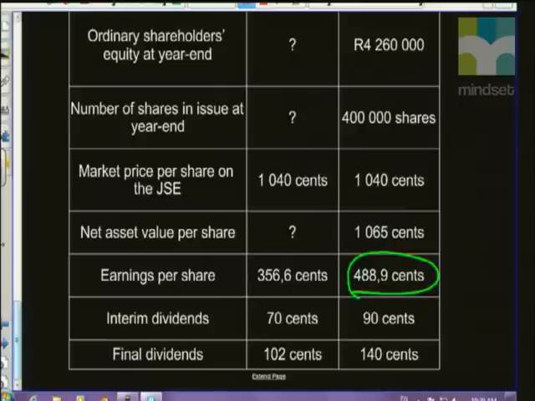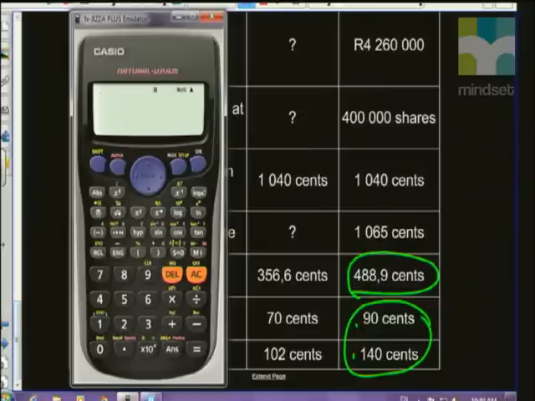And you also find that of that figure, the company paid out in terms of dividends 230 cents. Obviously, I'm adding the 140 plus the 90. So in other words, what are we saying? We are saying that 230, right, times 100 divided by 488.9, and this gives you a figure of plus minus 47%.